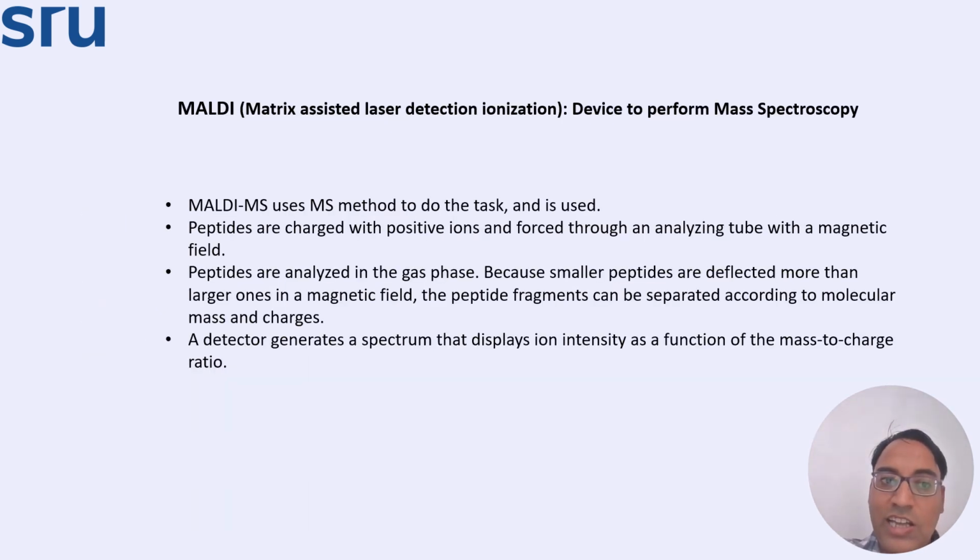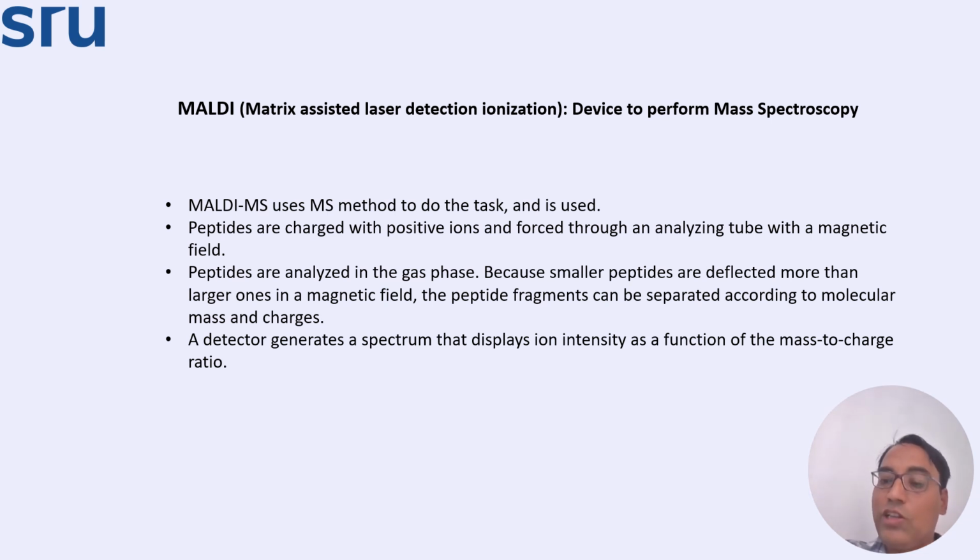So this is the entire instrument which does all this. The device for mass spectroscopy is MALDI-TOF: matrix assisted laser desorption ionization, and TOF is time of flight. As we discuss further, peptides are charged with positive ions and analyzed in a tube with a magnetic field, in the gas phase.